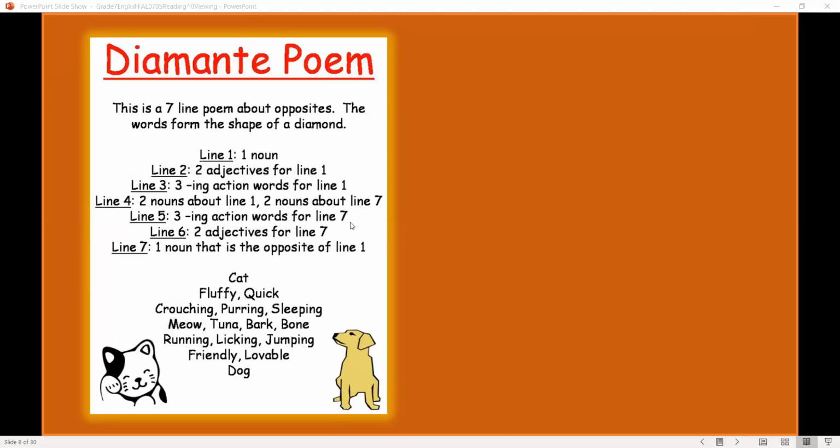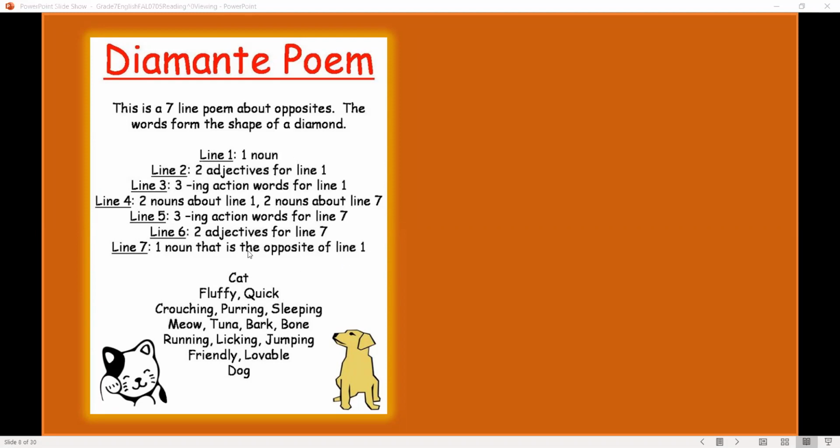So you're actually describing certain lines of the poem. It can be a bit complicated, but the nice thing with this example is it's step by step. Then in line 6, you have 2 adjectives for line 7. And then in line 7, you have 1 noun that is the opposite of line 1.